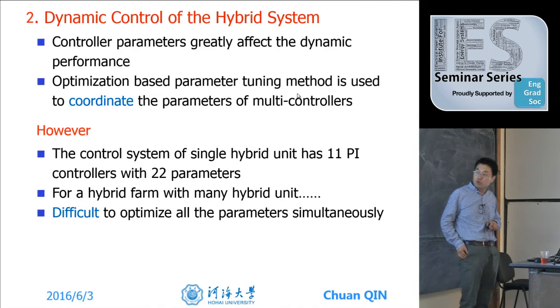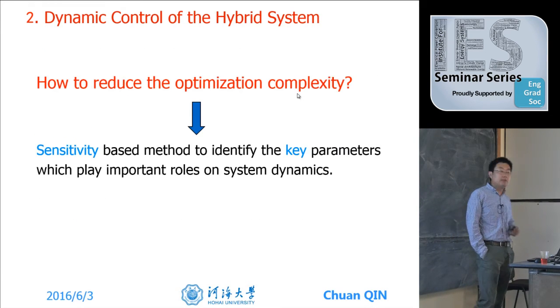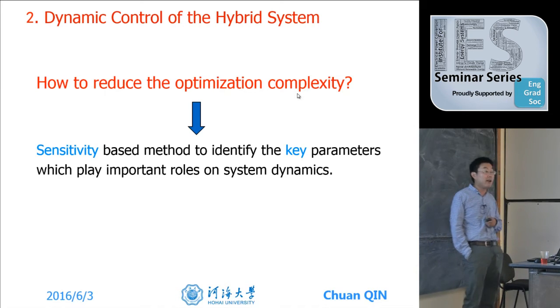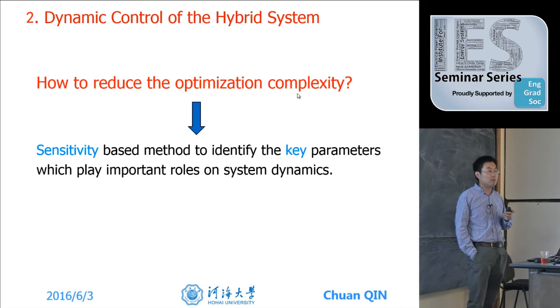So it's difficult to optimize the parameters simultaneously. Then the problem is how to reduce the optimization complexity. In other words, how to reduce the number of parameters in optimization.